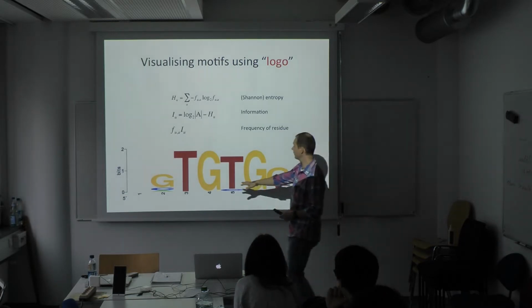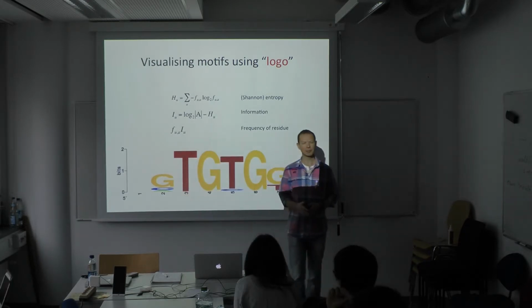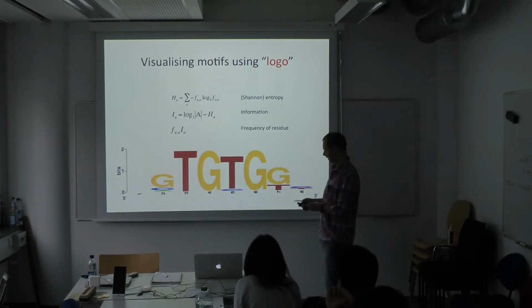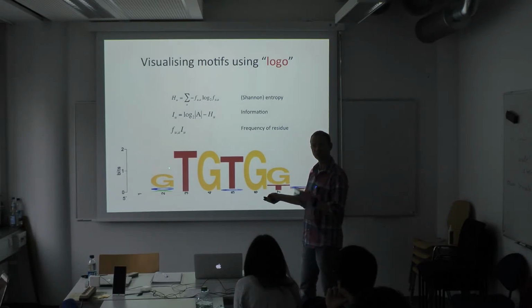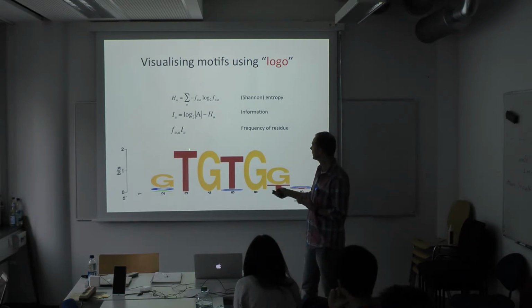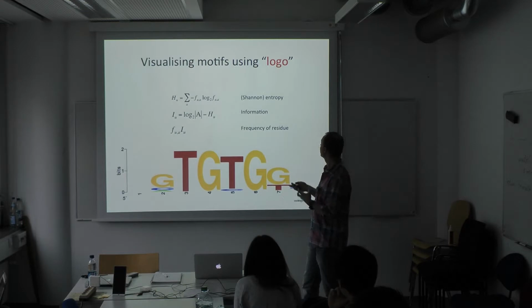You can see that these are definitely higher than these, and what that means is that this is more certain information. We're pretty confident that we're dealing with a particular symbol here. In this case, there is an assortment of them. We don't quite know. And that's based on the Shannon entropy, that total height of the letters.